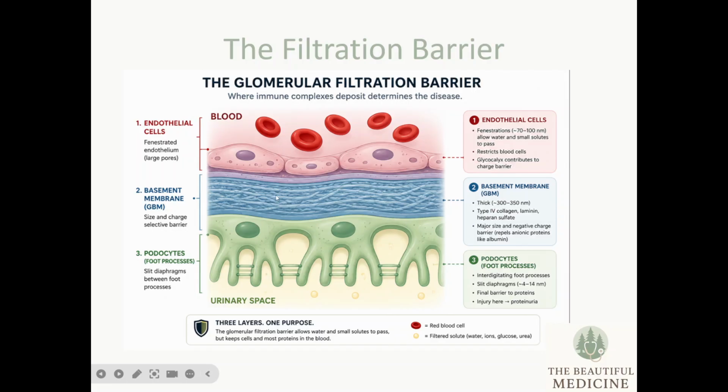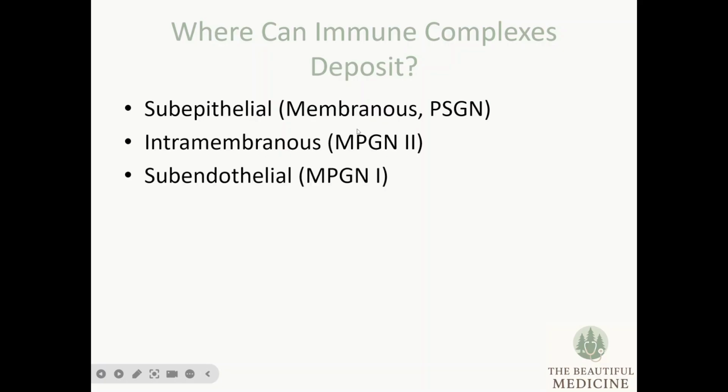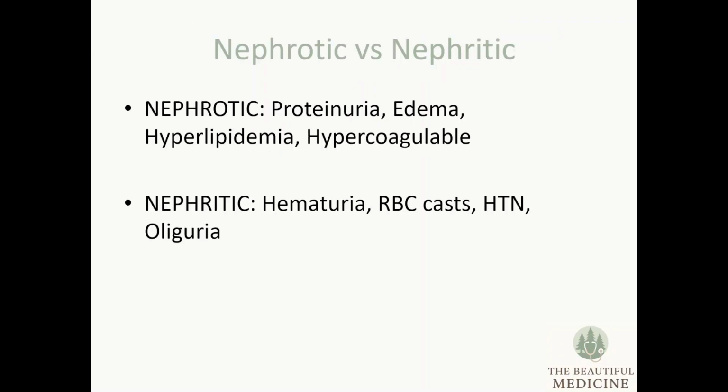So it can deposit here in the basement membrane, intramembranous, or here subendothelial or subepithelial right here. I can explain this in more detail as we move on. So, yeah, this is the basic structure I want you to remember.